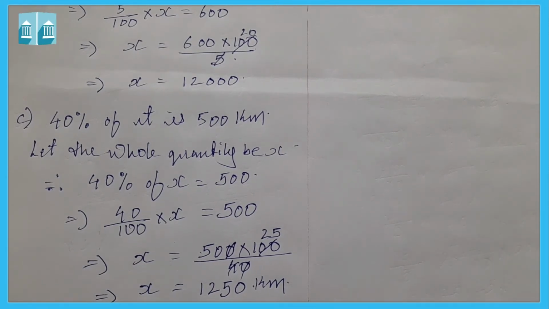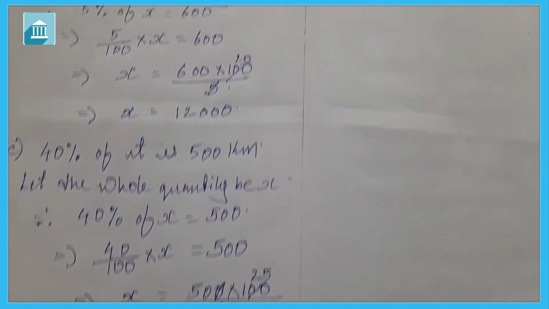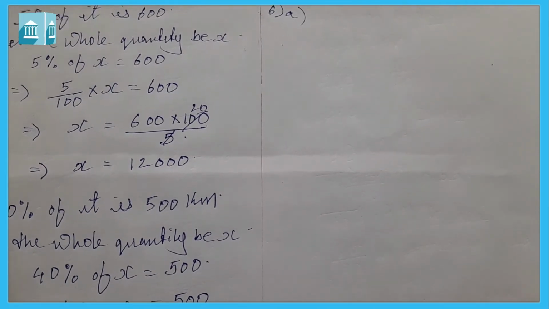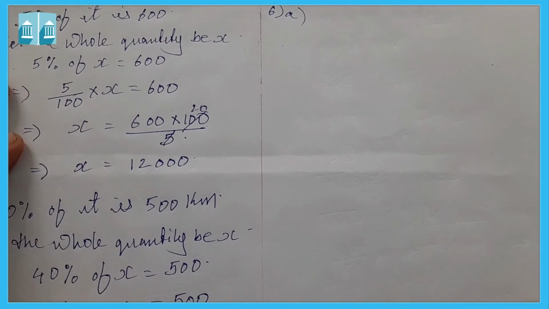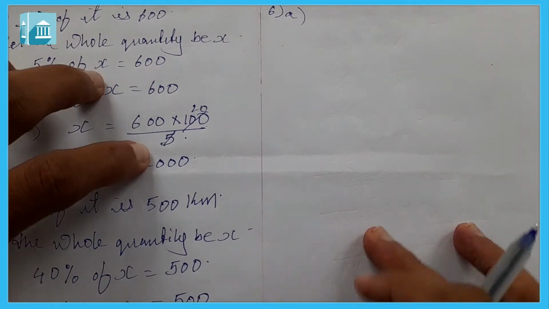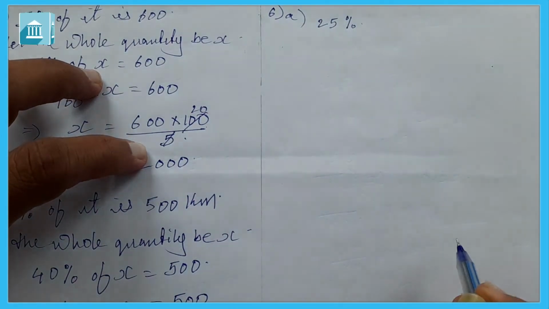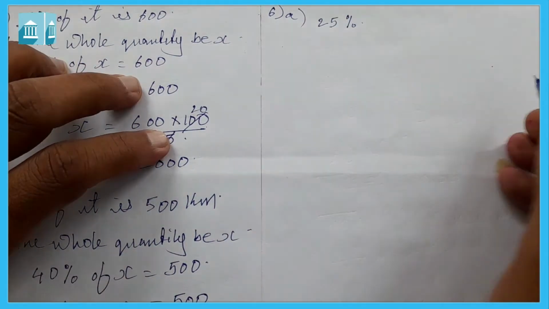Now let us see question number 6. In question number 6, it is given that convert the given percent to decimal fraction and also to fraction in the simplest form. Here it is given 25%. Here first we have to convert it into the decimal fraction and then fraction into simplest form.